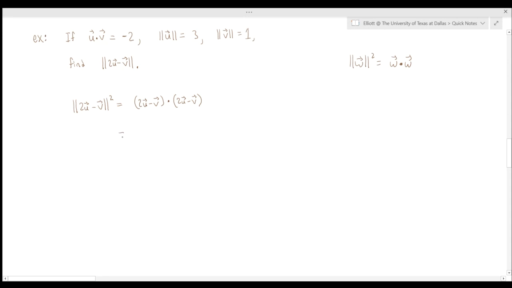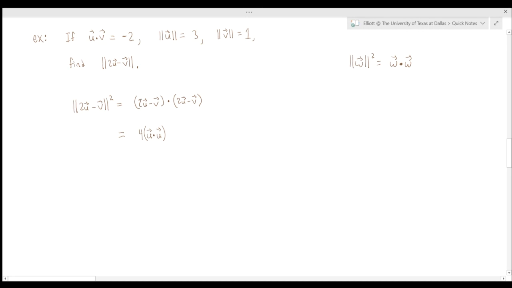So after setting it up as a dot product like this, the fact that dot product is distributive means that in this expression, I can FOIL it out. So I can write it as 2u dot product with 2u. And if I pull out the 2's, it'll be 4 u dot u.